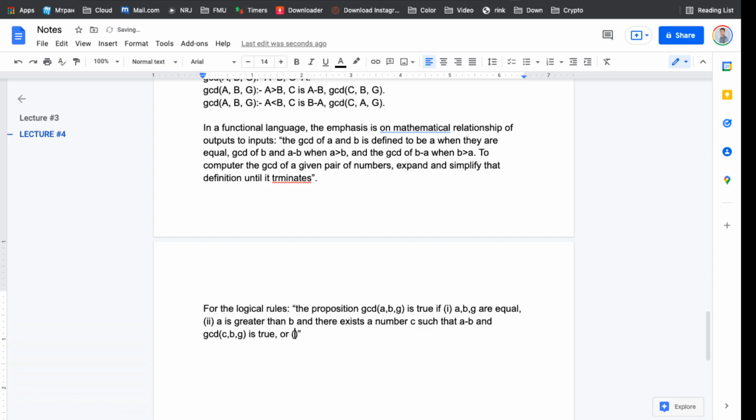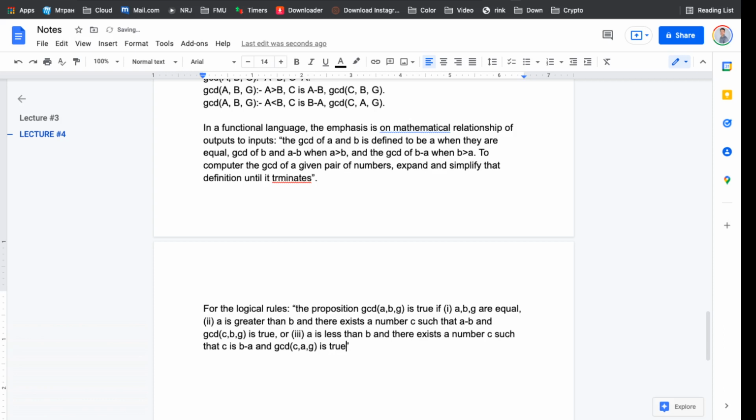Or here is the third condition: A is less than B, and there exists a number C such that C is B minus A, and GCD of C, A, G is true.